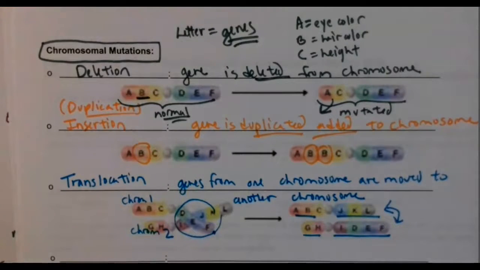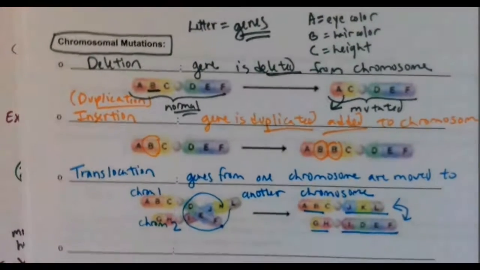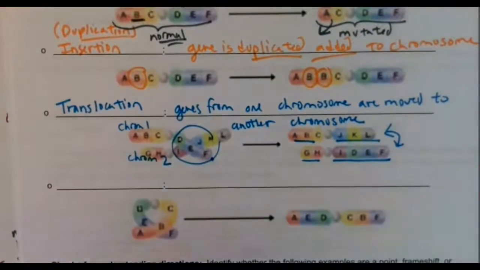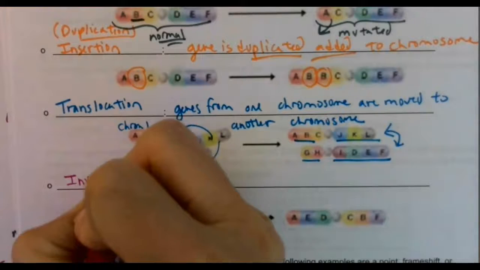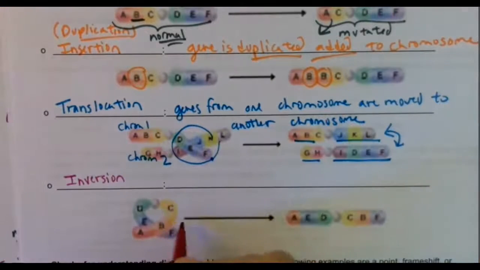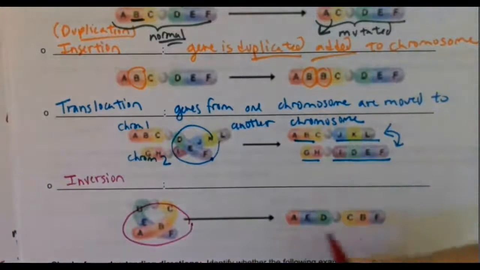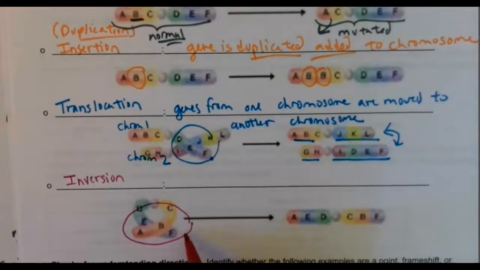The last type of chromosomal mutation we're looking at is called an inversion. An inversion is when the chromosome gets tangled up and the order of the genes is reversed. So this used to be A, B, C, D, E, F, and now it's reversed, right?